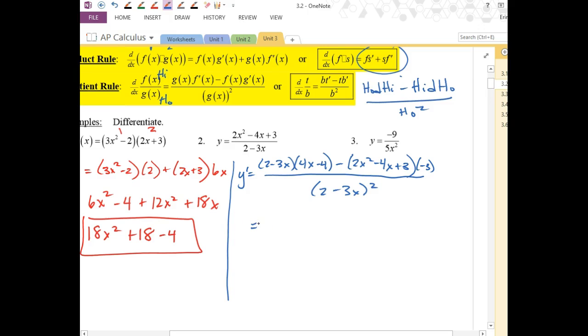On the top, I have to start by foiling those two quantities. So what's 2 times 4x? 8x. And then I have 2 times -4, so -8. Then I have -3x times 4x, minus 12x squared, and then plus 12x.